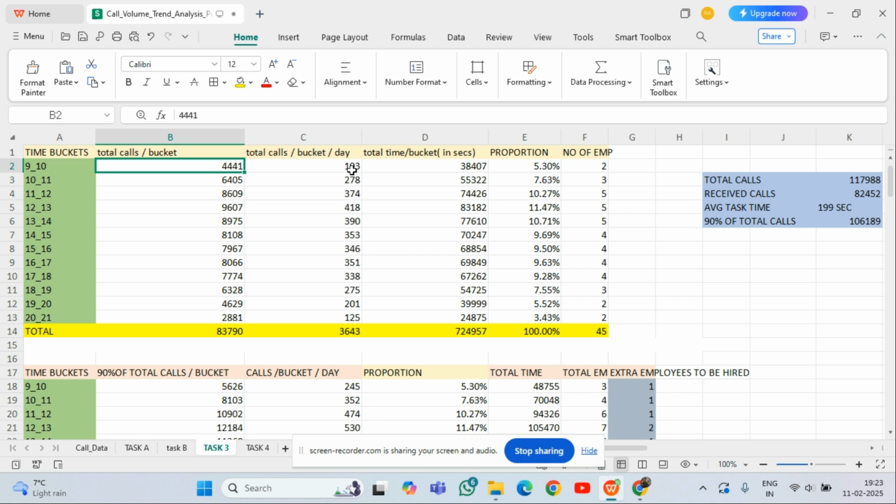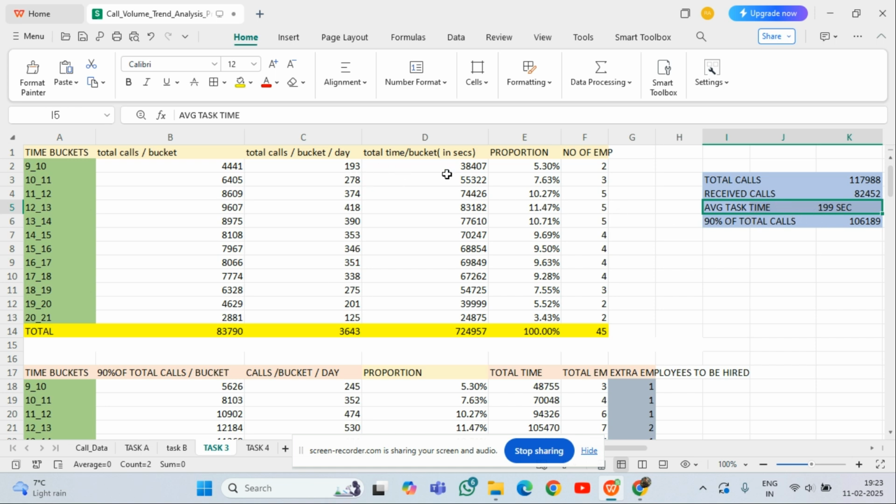Yes, for 193 calls, we'll have to multiply 193 by 199 seconds, because this is the average time that a task takes to complete. So these are the total seconds that the 9 to 10 time bucket will take.